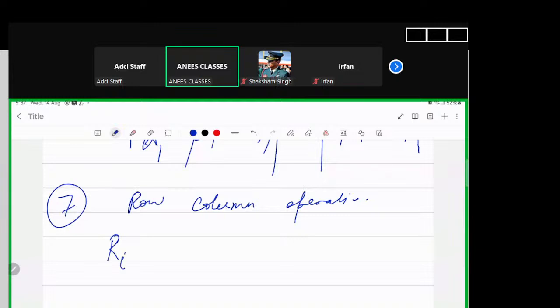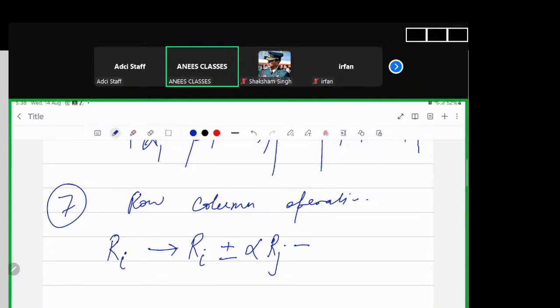Suppose that I want to change my ith row. That means I want to transform my ith row. How can I transform it? I can transform the ith row plus or minus any scalar value alpha multiplied with the jth row.